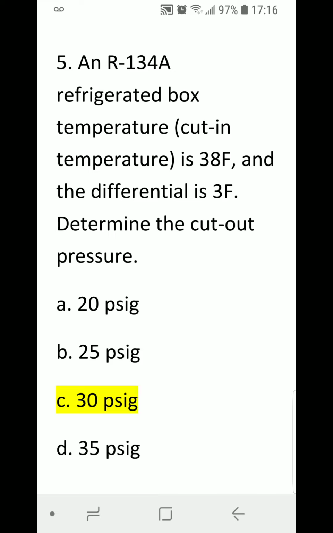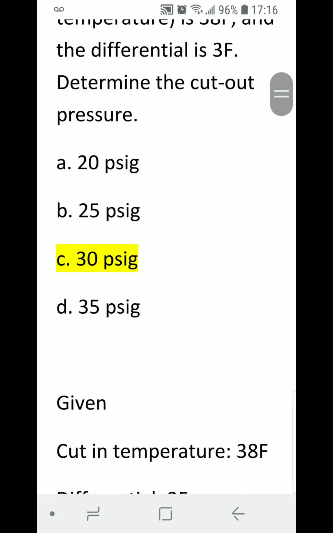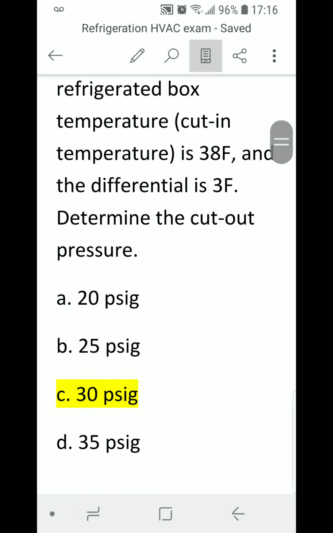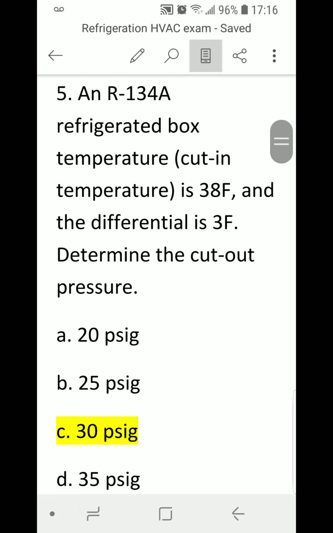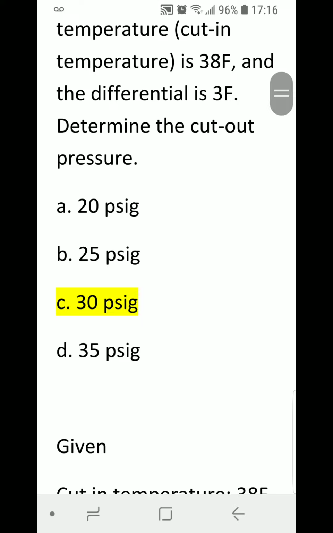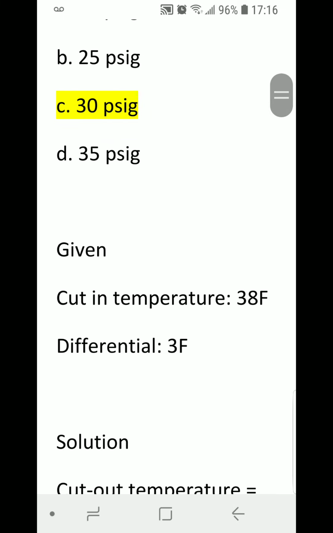A. 20 psig, B. 25 psig, C. 30 psig, D. 35 psig. Correct answer is C. 30 psig. And the solution is given below.